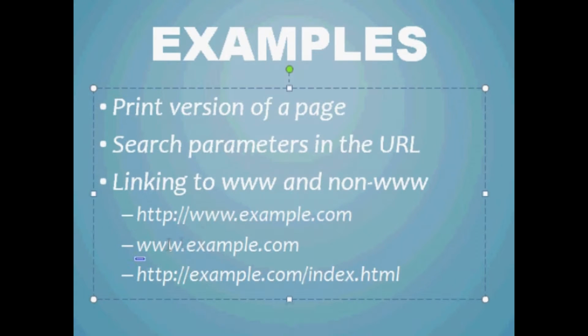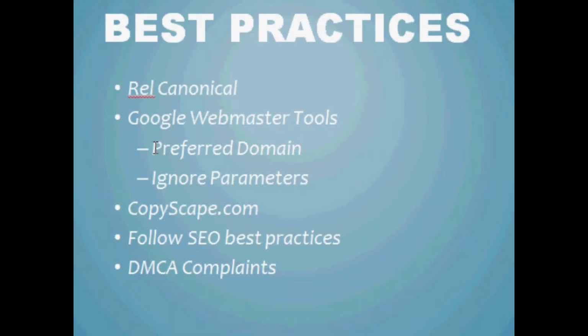When you're dealing with that issue I had in the previous slide of the difference between linking to the www version of the site and linking to the HTTP www version, one thing you can do is go into Google Webmaster Tools and tell them, hey, only think of my site as the www version, or only look at my site as if it was always the HTTP version. Basically, you're telling Google how you want your URL to be displayed in search results and how you want them to interpret inbound links to your page.